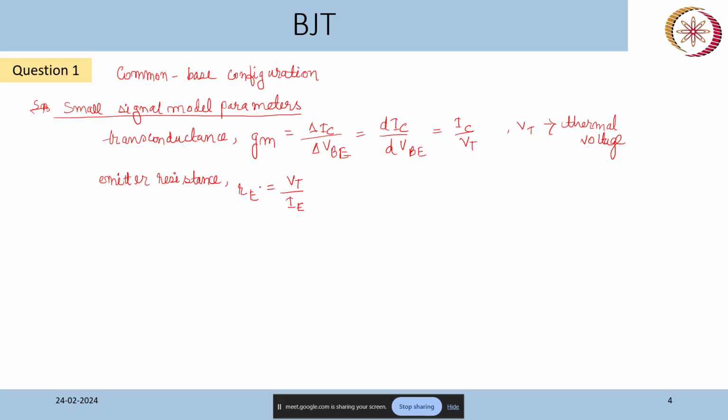Okay, so this is like the resistance of a diode, because an NPN transistor or PNP transistor is basically like two diodes. So this expression might be familiar to you because this comes in the resistance of diode also.